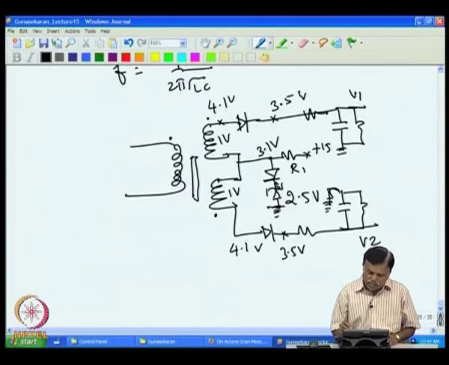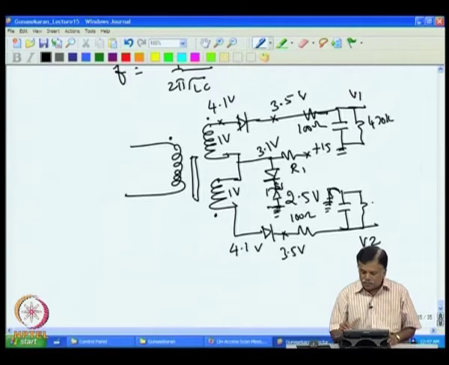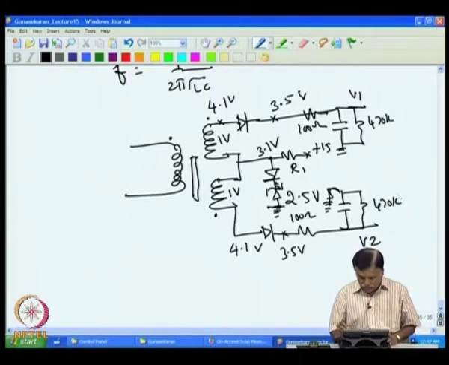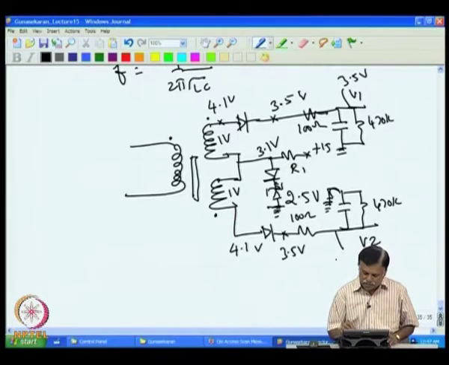And if the resistance of this is very high and this is small, say for example I put here 470k and here about 100 ohms, then you will find the same 3.5 volt is coming here and the same 3.5 volt is coming here.